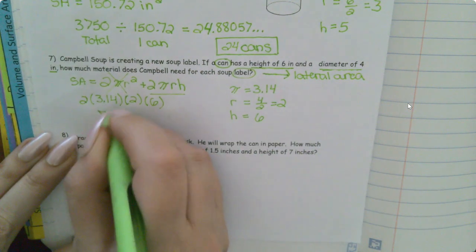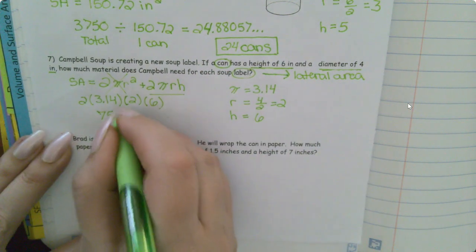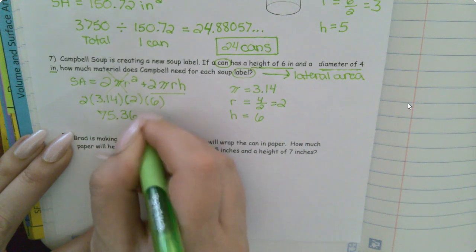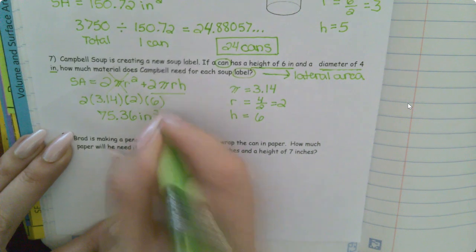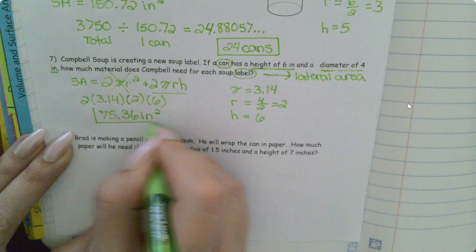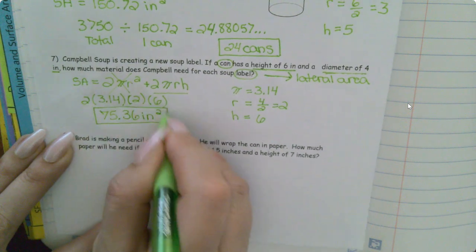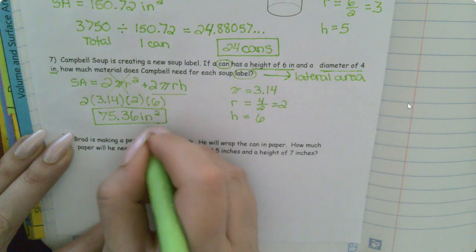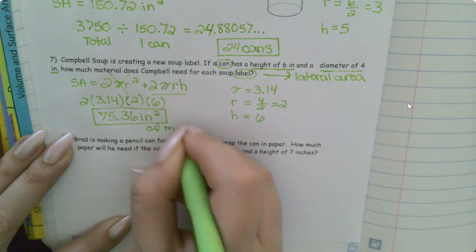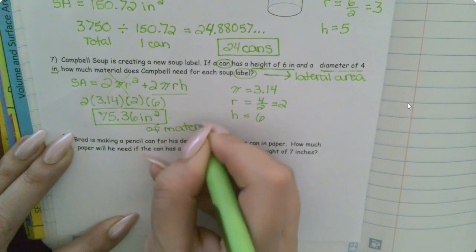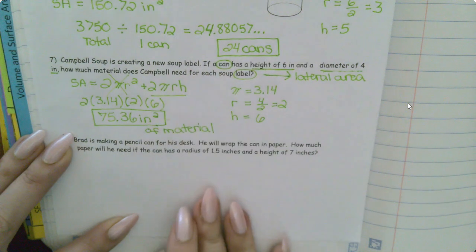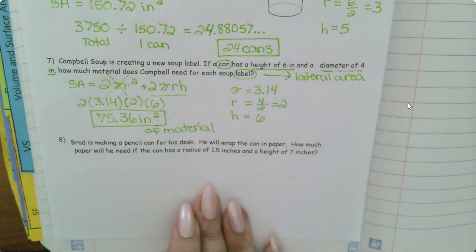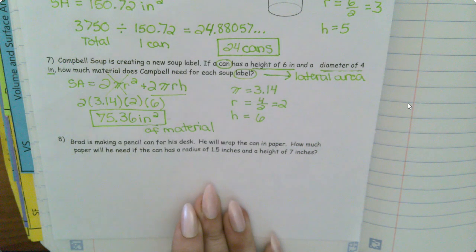Yes, 75.36 inches squared. I'm going to box that in as my final answer. And then I can put "of material" after that if you want to label it a little bit more specifically for our word problem. You need 75.36 inches squared, or square inches of material.